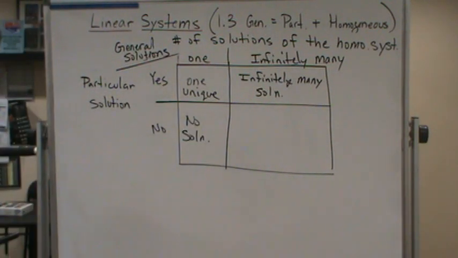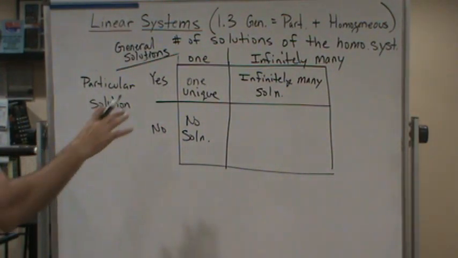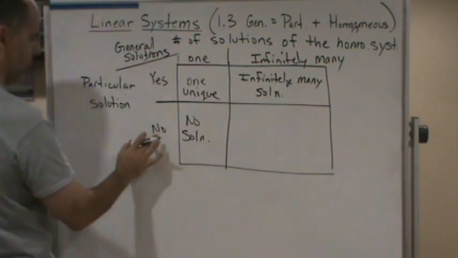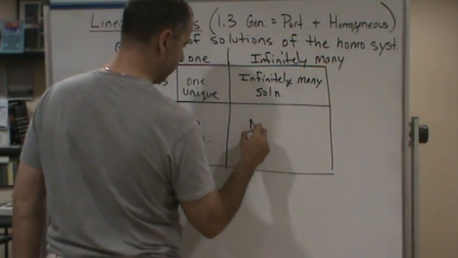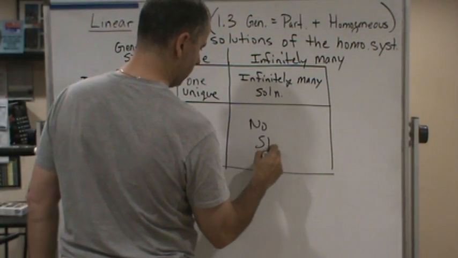And also, if you have infinitely many solutions to the homogeneous system and no particular solution exists, then again, you're going to have no general solution.